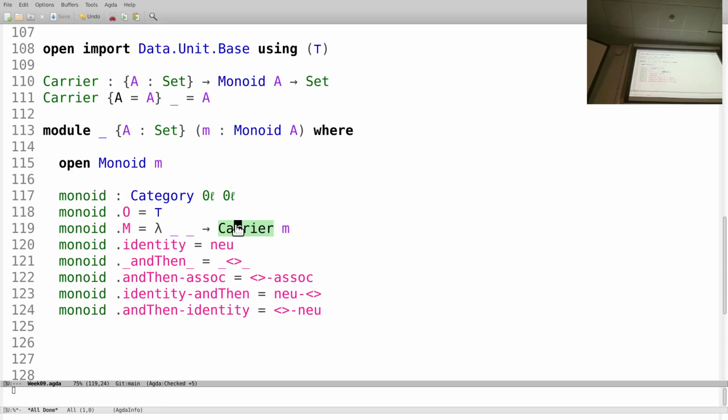Because the neutral is absorbed by the diamonds, the law telling you that composing with the identity on the left or the right hand side is the same as not doing anything is exactly what you need to get the fact that multiplying by a neutral element on either side is the same as just getting the element.